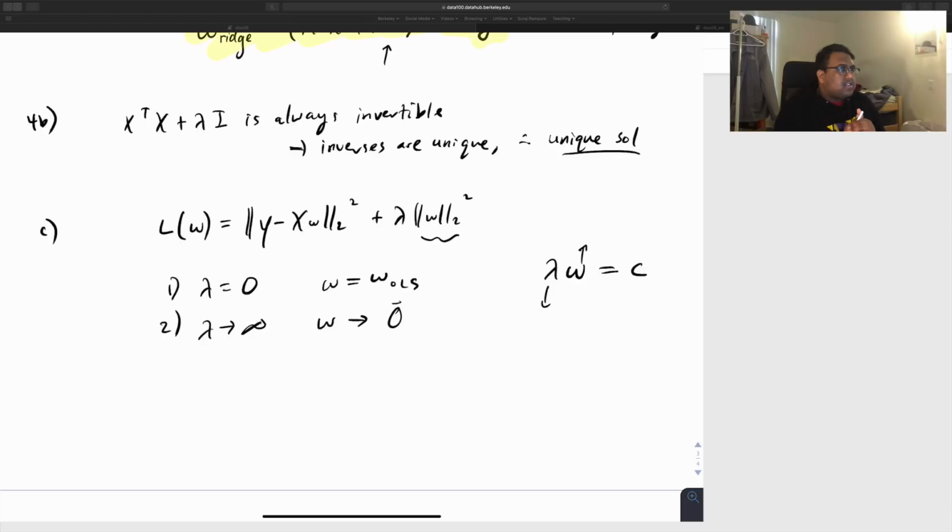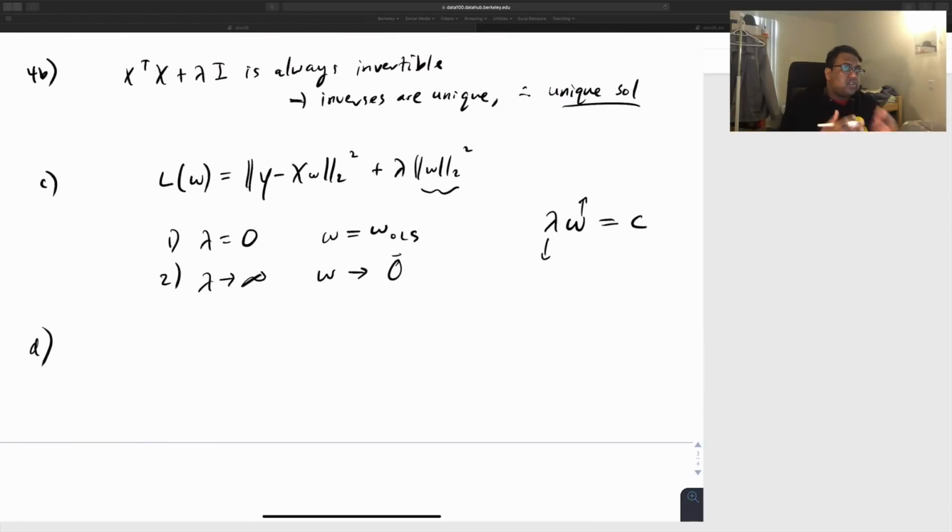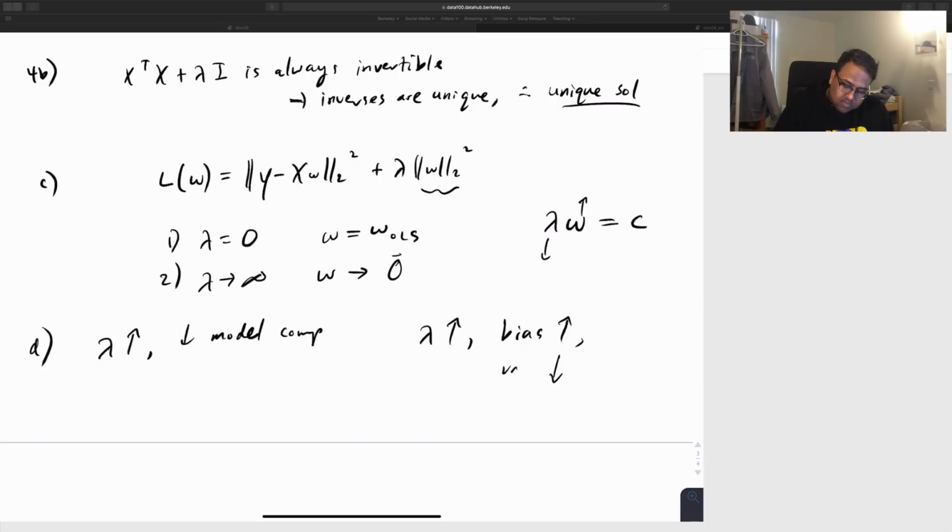Cool. And lastly, for D, how does model complexity compare between ridge regression and standard OLS? I think we've talked about that enough. As we increase lambda, we decrease model complexity. To be a little more explicit, as we increase lambda, it increases our bias, but it decreases our variance.